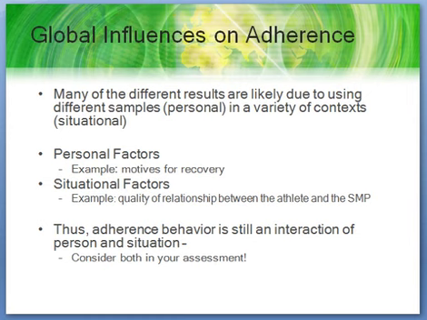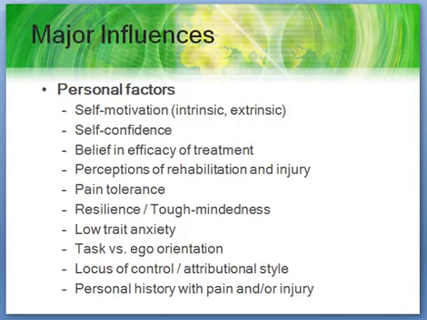The athlete's personality and their injury history would be other personal factors. If you look back at your Weiss-Bjornstall model out of your textbook in Chapter 2 and out of Unit 1 slides, that's the same idea. And another situational factor, just as an example, is the quality of relationship between the athlete and the sports medicine provider. So those are big influences, and just kind of linking back to those initial models, let's not forget those from Unit 1.